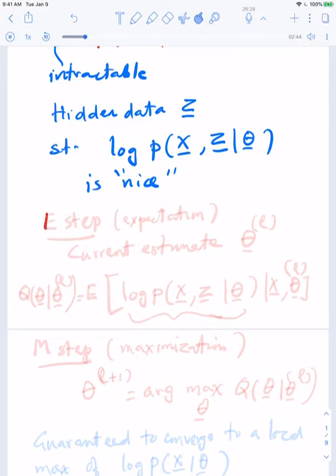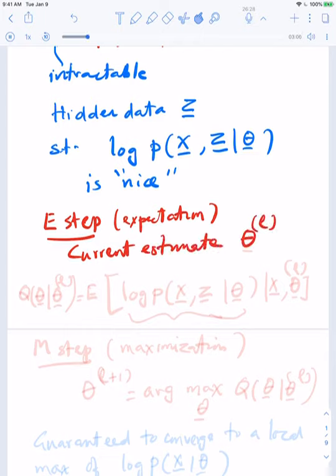One is the E step, E for expectation. The idea is you have a current estimate of the parameters of interest, and we'll denote this by theta sub L, the Lth iteration.